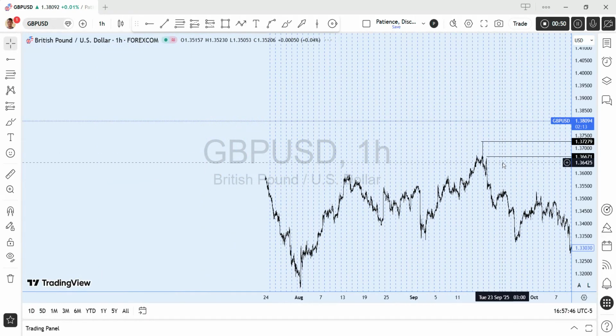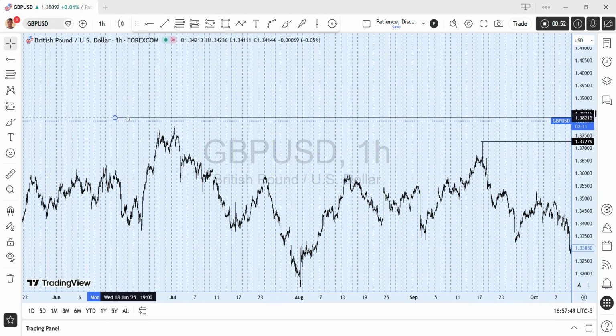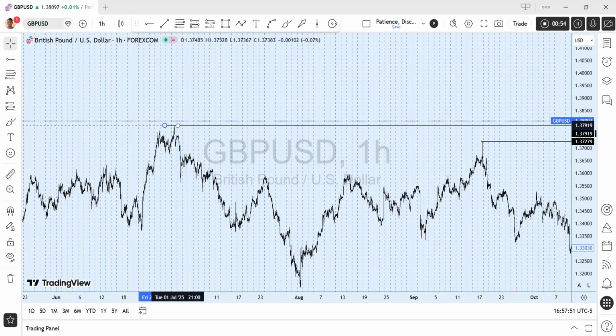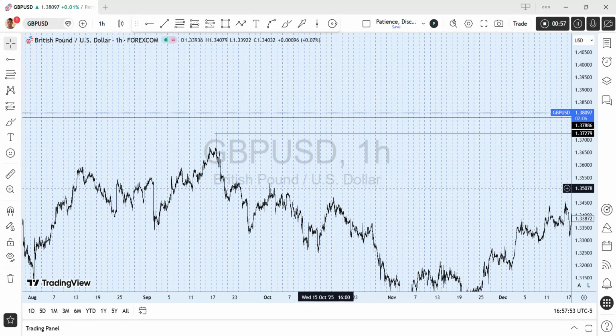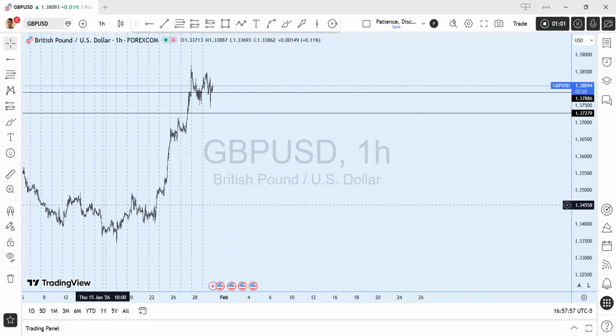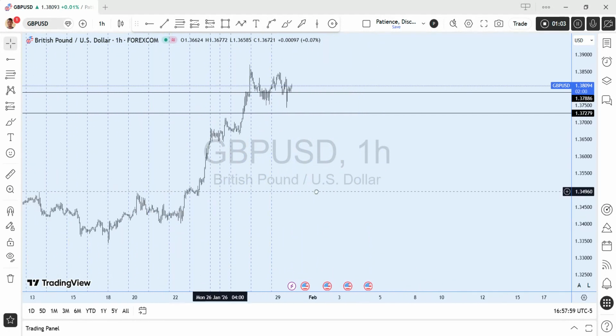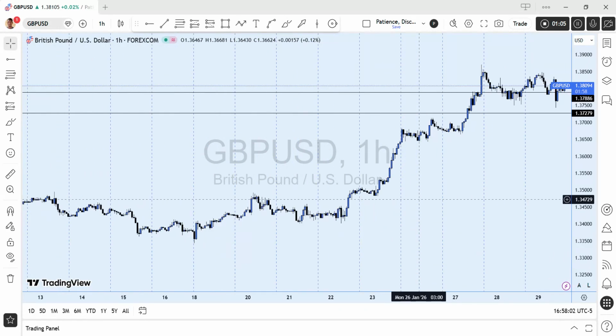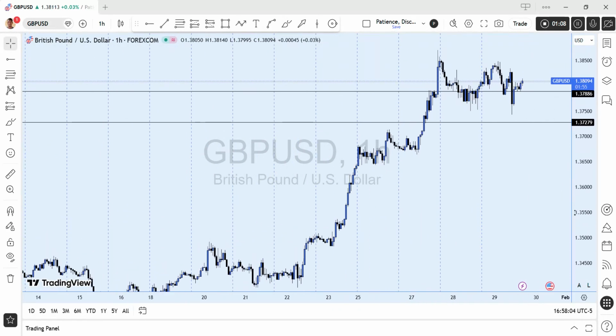So that is basically what we had. Also this one, right? The market went and cleared off. So I had those markings in place, and this is where I look for my entry.